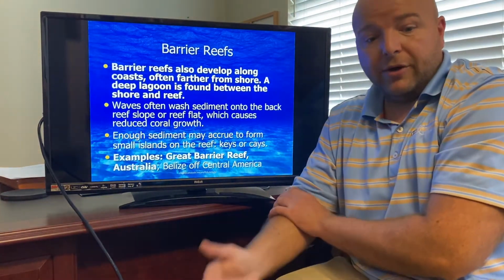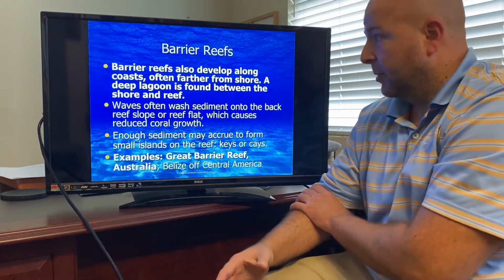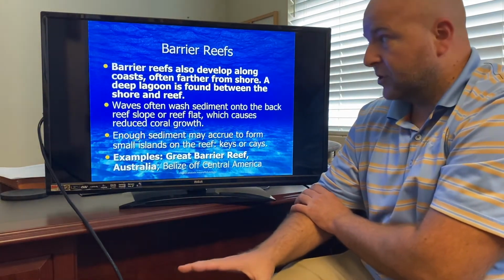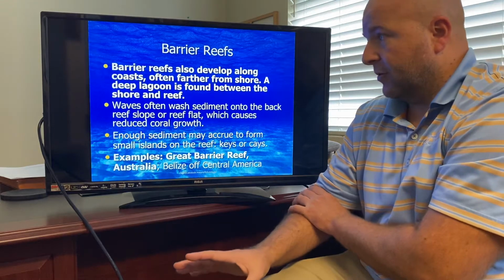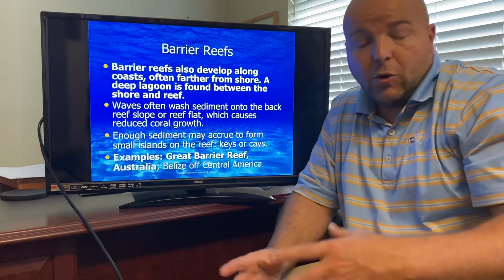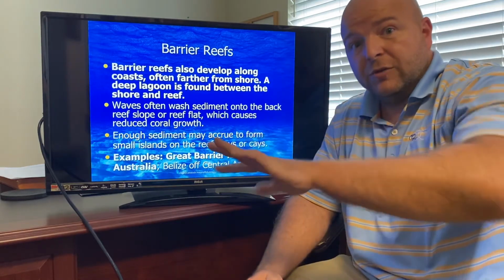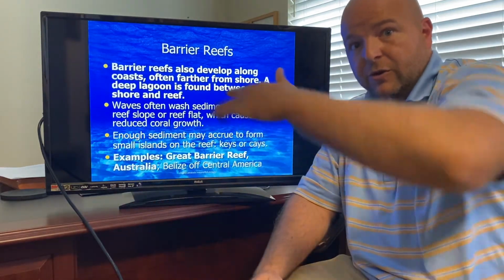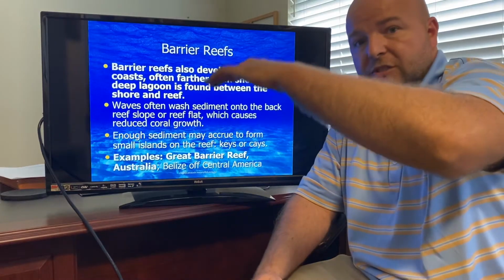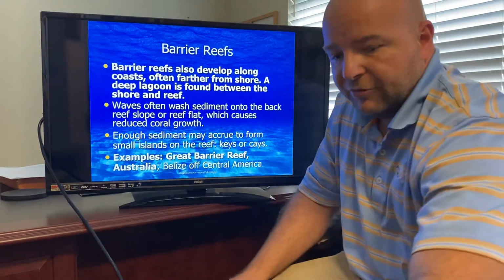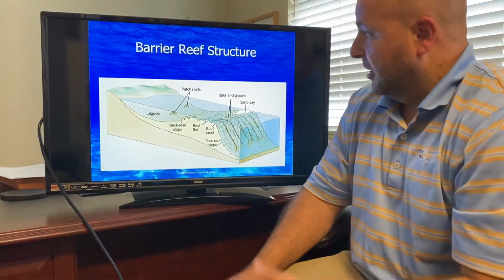Then you have a barrier reef. This is going to develop close to the coastline, but a little bit farther offshore. So typically, a barrier reef is going to end up with a lagoon between where the shore is and where the reef is. There's an area between the two. It's not right off the shore like in a fringing reef. Here's an image of what that can look like.